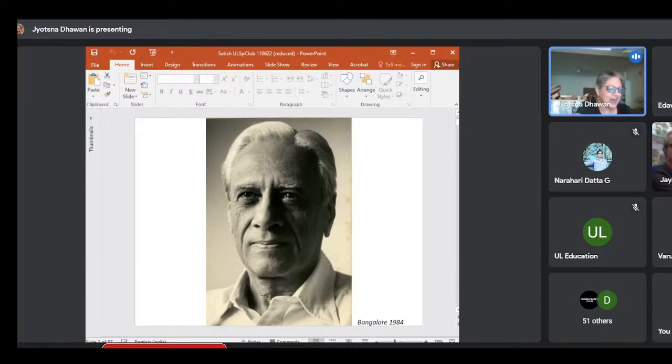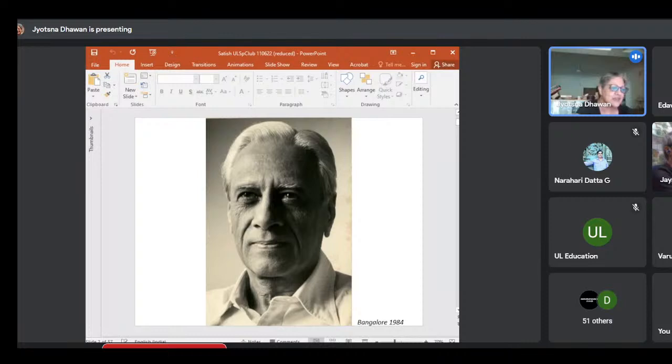In fact, even his grandchildren call him by his name, which may seem a little strange in our society where we are supposed to respect our elders. But my father believed that respect doesn't lie in such things. Respect lies in one's actions. So I will refer to him as Satish, just as we did during his lifetime.